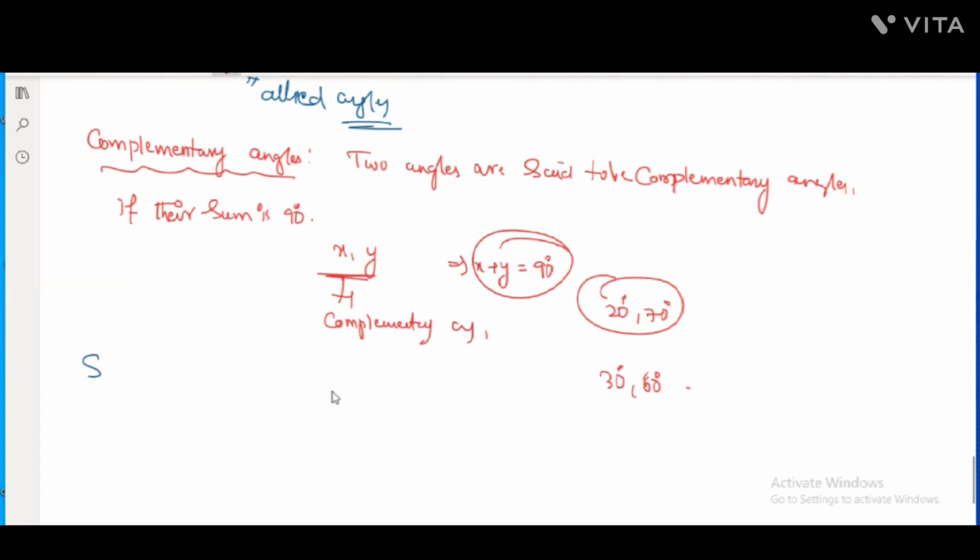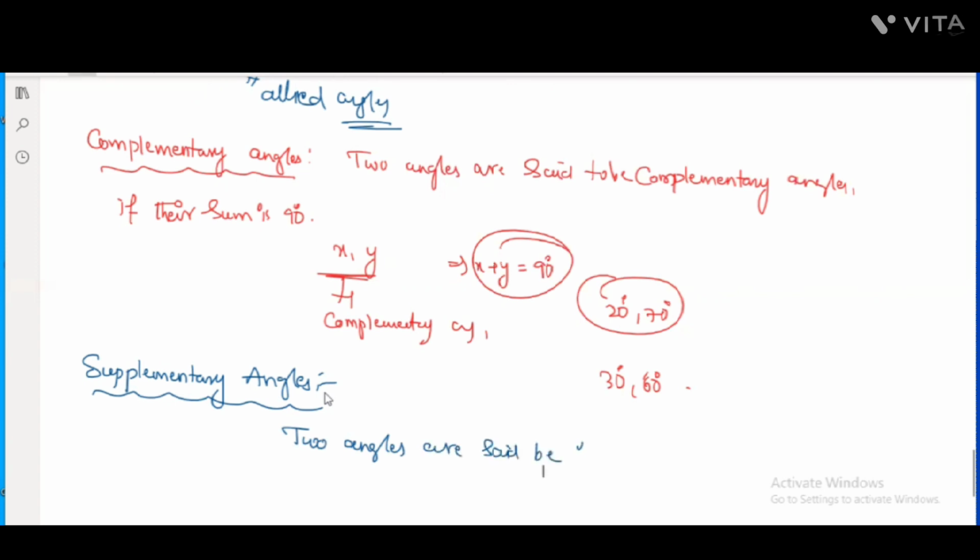So what is meant by supplementary angles? Complementary angles means the sum is 90, supplementary angles means the sum is 180.